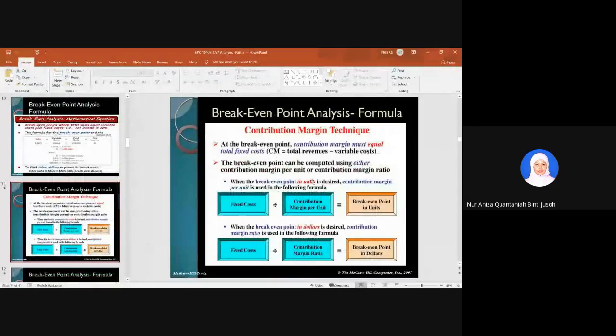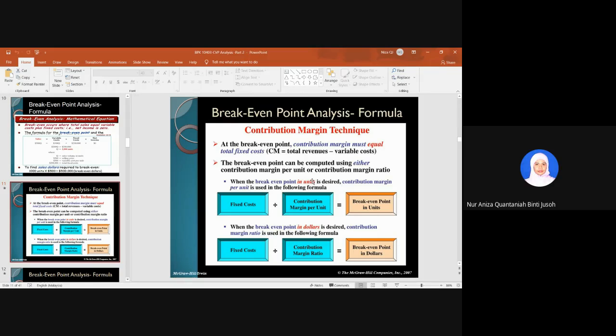Now, if you want to use the contribution margin technique, because this is accounting, you have to use this technique. When you want to use the contribution margin technique, you can either use contribution margin per unit or contribution margin ratio. So if the question requires you to find the break-even point in units, you will have to use the contribution margin per unit.